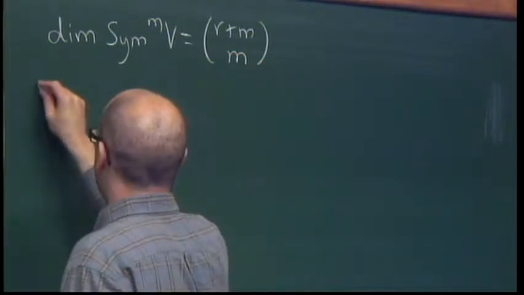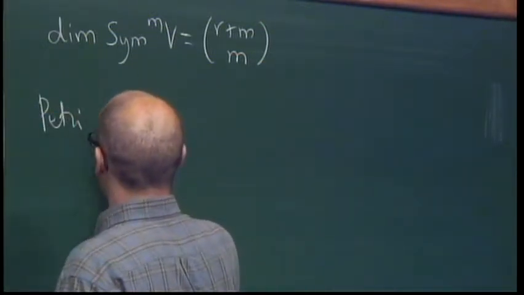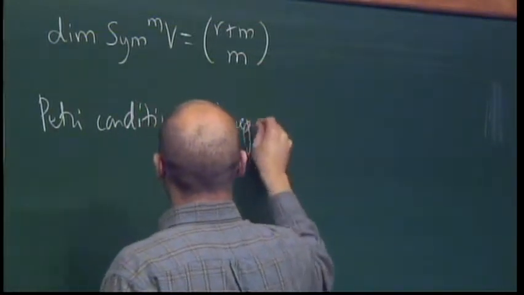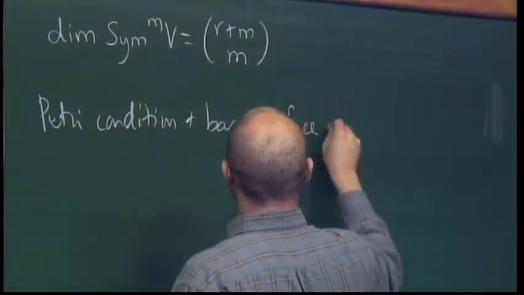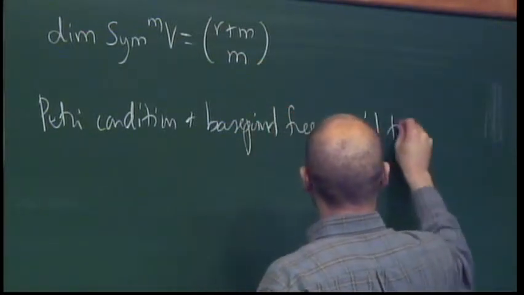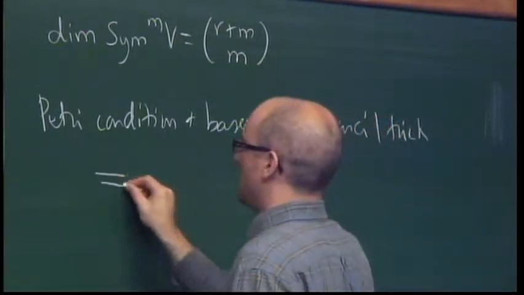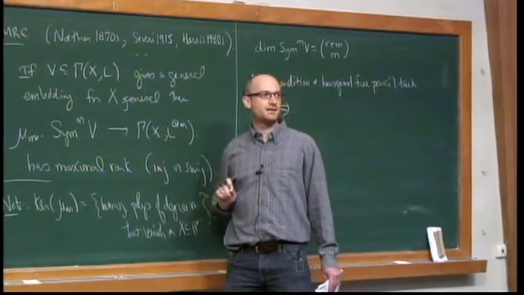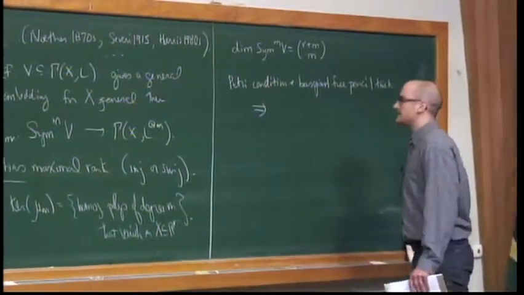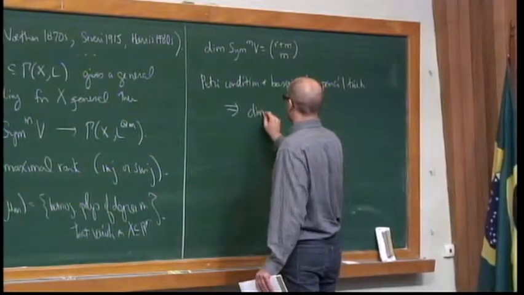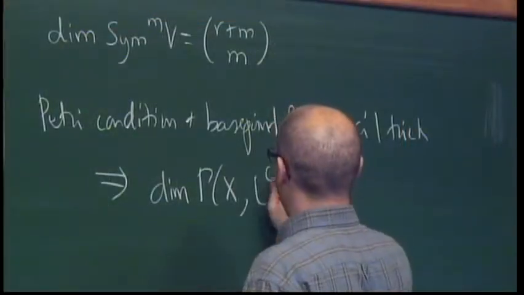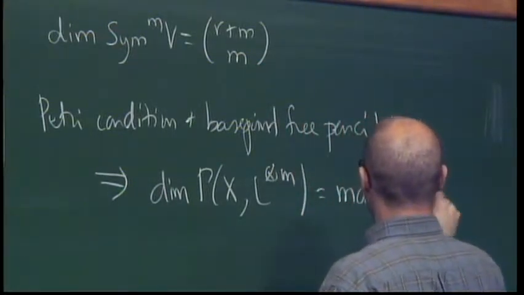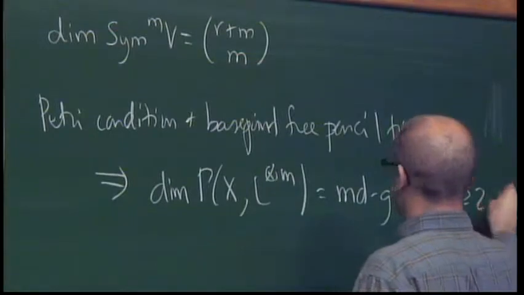And the Petri condition plus the base point free pencil trick together imply that multiples of special divisors are non-special. So what that means here is that the dimension of Gamma(X, L tensor m) is equal to md minus g plus 1 for m at least 2.